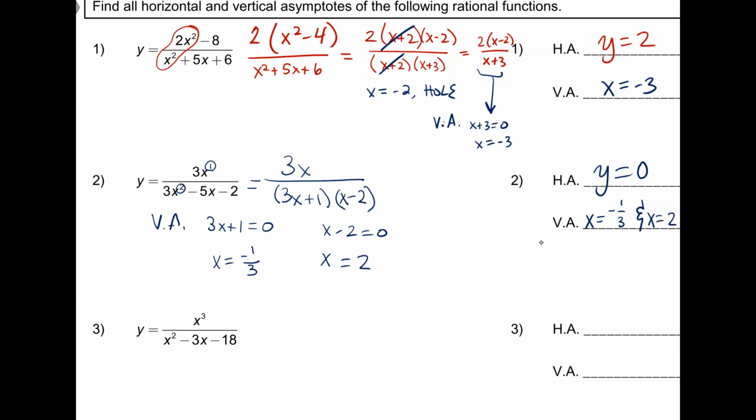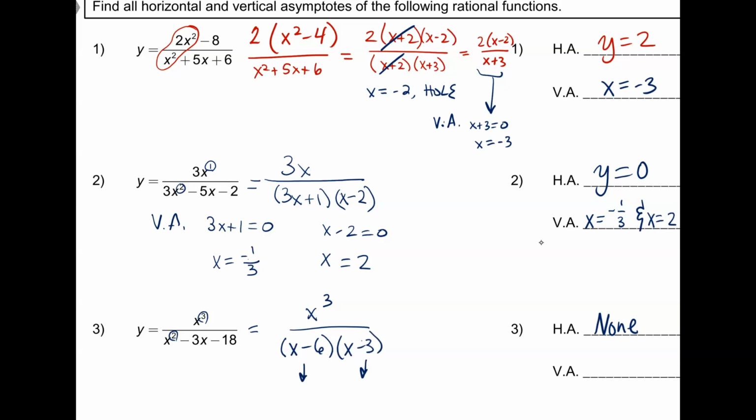Awesome. Okay, what about the third one? None. So we write none. I just gave you a case of all 3 that were on your paper. Okay. And if I fully factor this out, x minus 6, x plus 3.